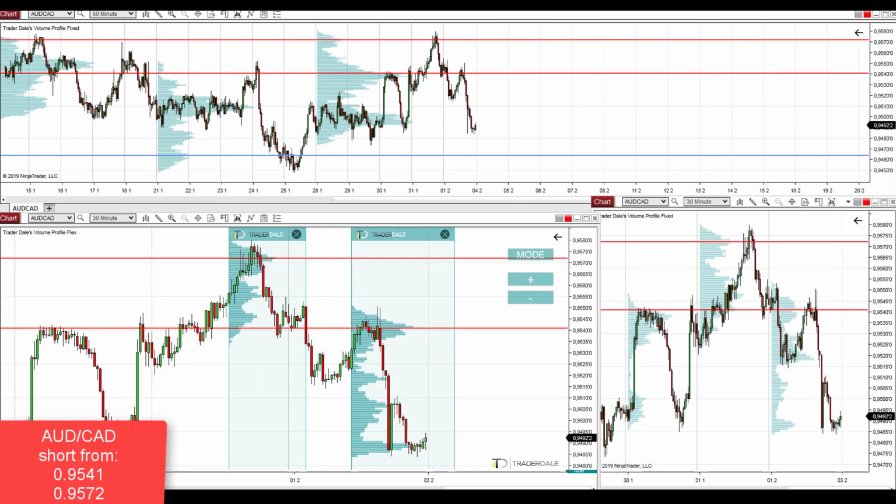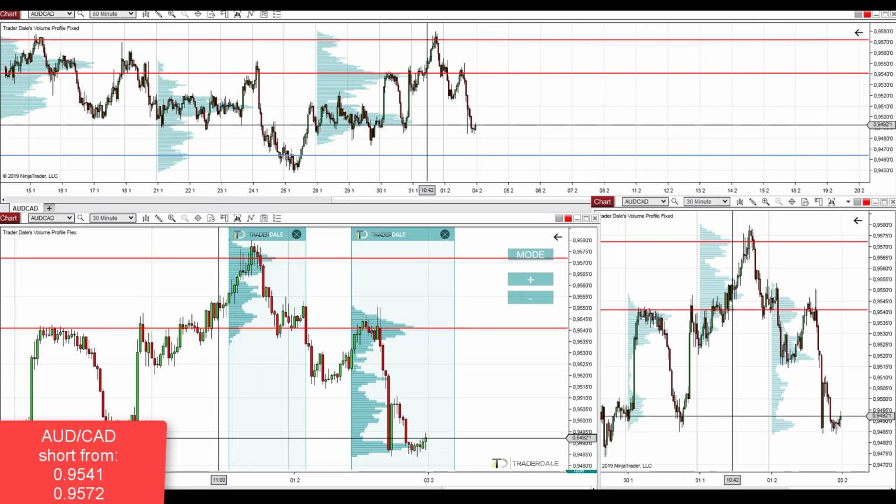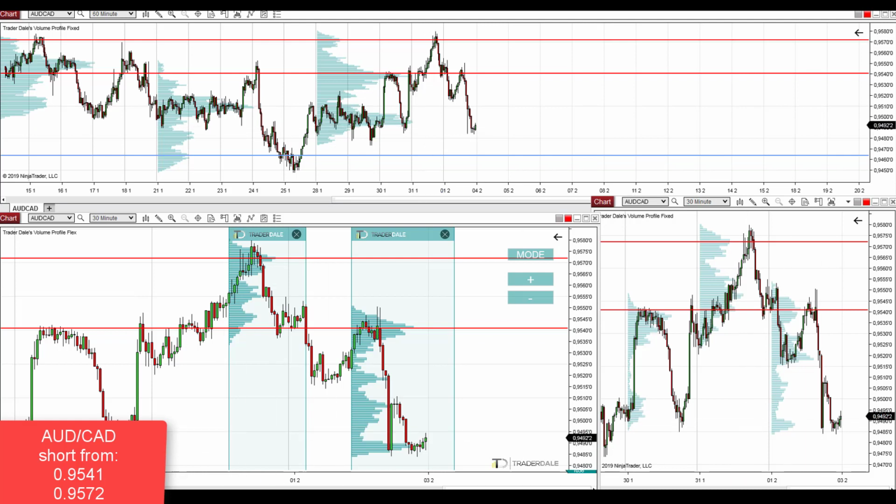Let's now go into the Australian dollar, Canadian dollar. There are two strong short levels that caught my eye, and both of those levels are based on the rejection setup in which volume accumulation took place. So if you look at this rejection and this rejection, then they look pretty much the same. It's a rejection of higher prices, and within the rejection there was a heavy volume accumulation area in both cases.